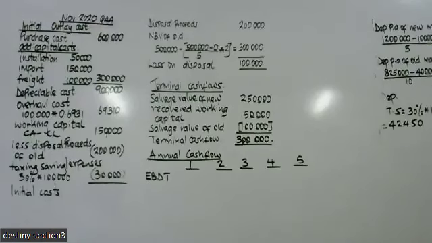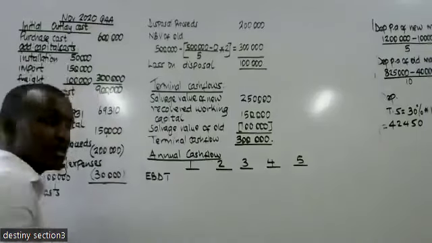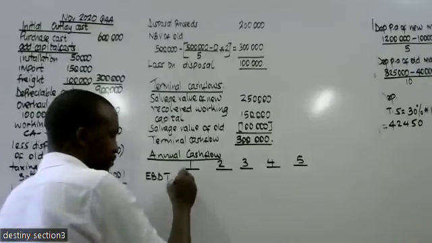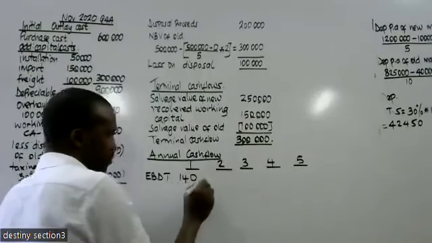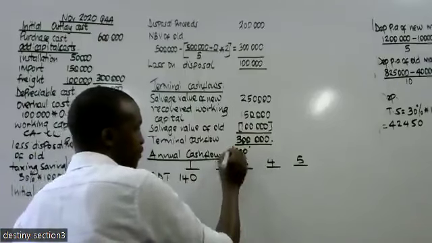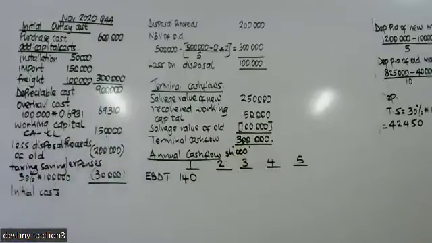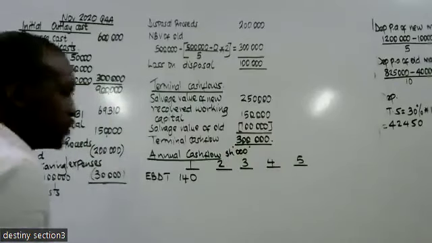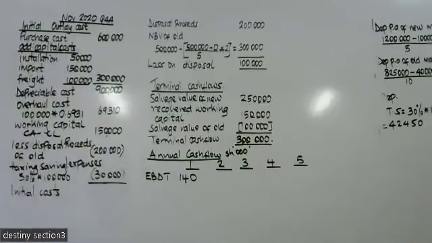So what is the increase? 140. I'll have my figures in thousands of shillings. The second year, the existing is 150, the new is 280.